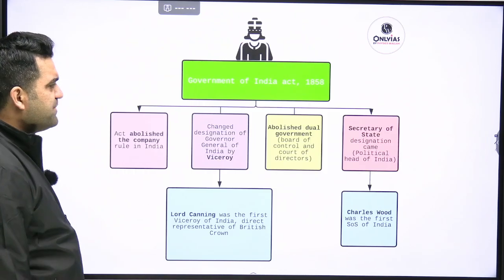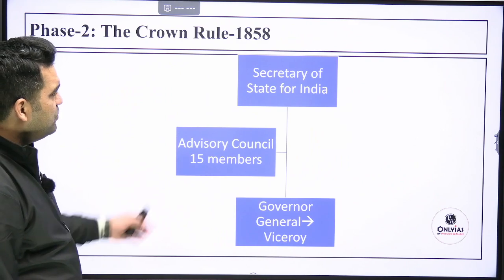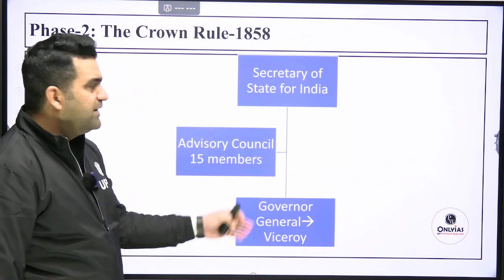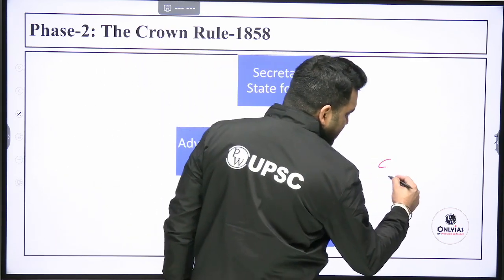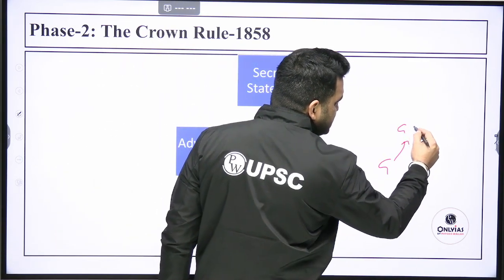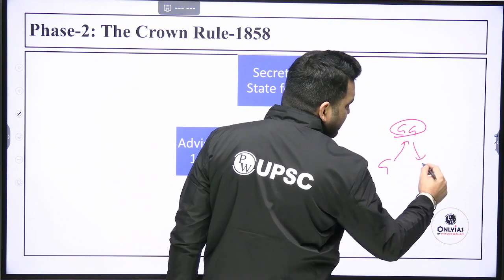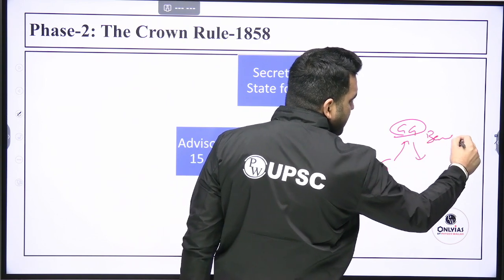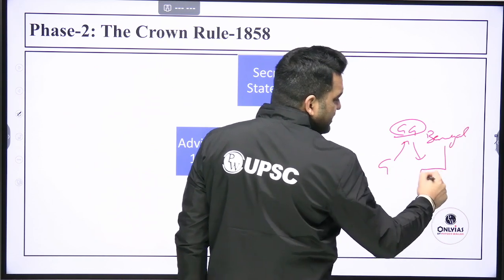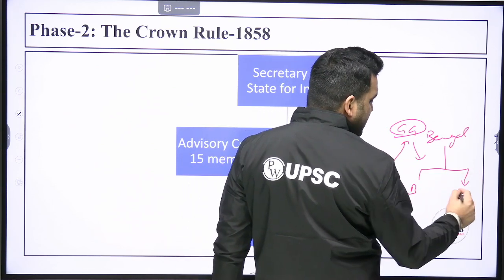Now, whenever these things happened, they created a structure. Earlier they designated the Governor General, who sitting in Bengal, at Fort William, had control over Bombay and Madras.